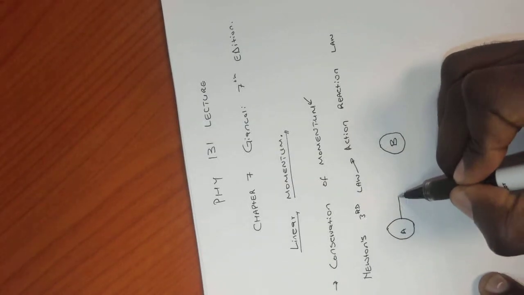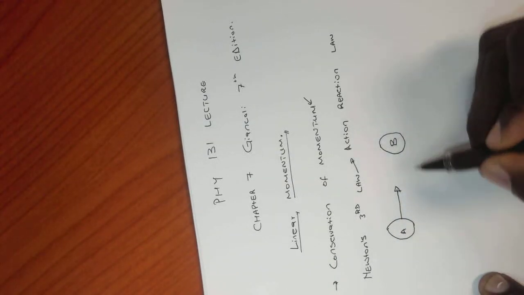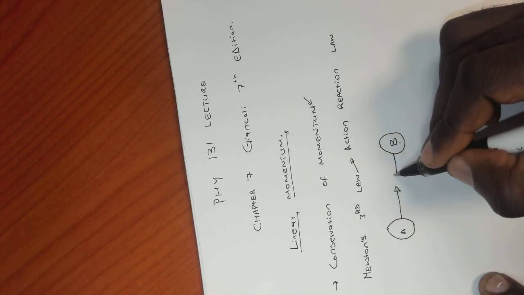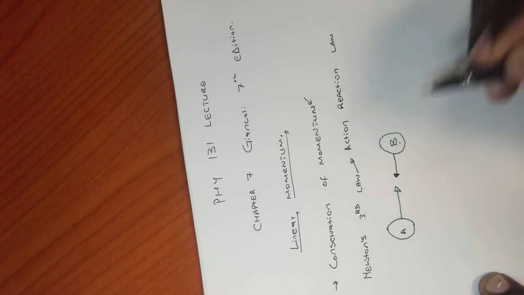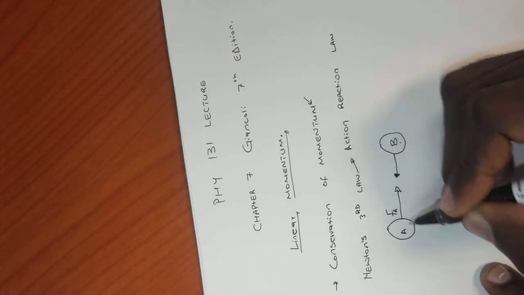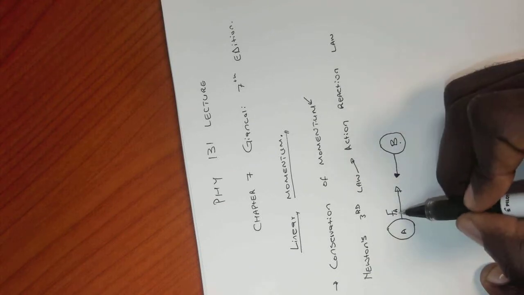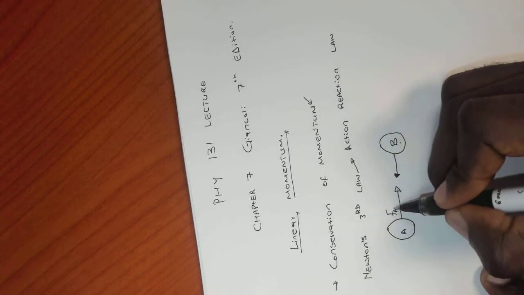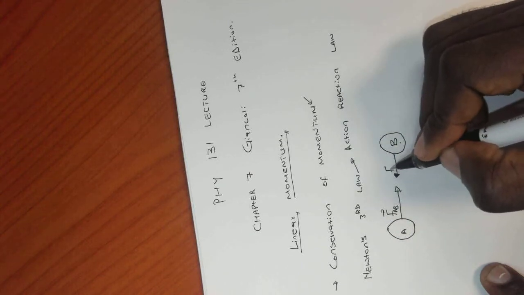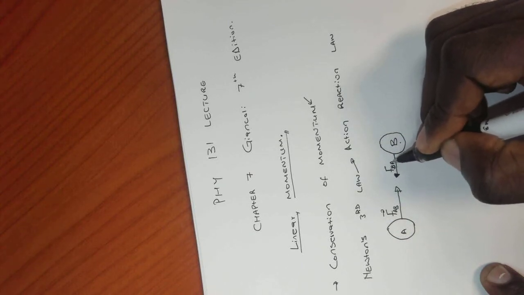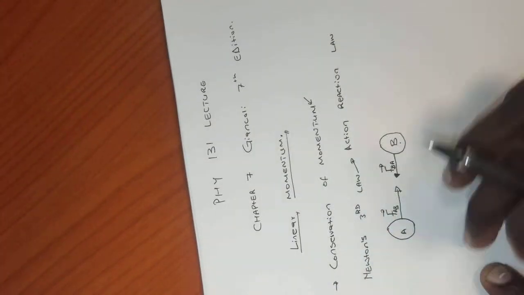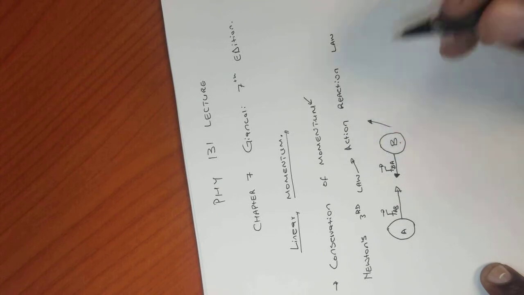Object A is exerting some force on object B, and object B is also responding with the very same force but in the opposite direction. So we write F of A, the force of A, exerted on B, and B is responding with the very same force in the opposite direction. The whole process is called action-reaction.